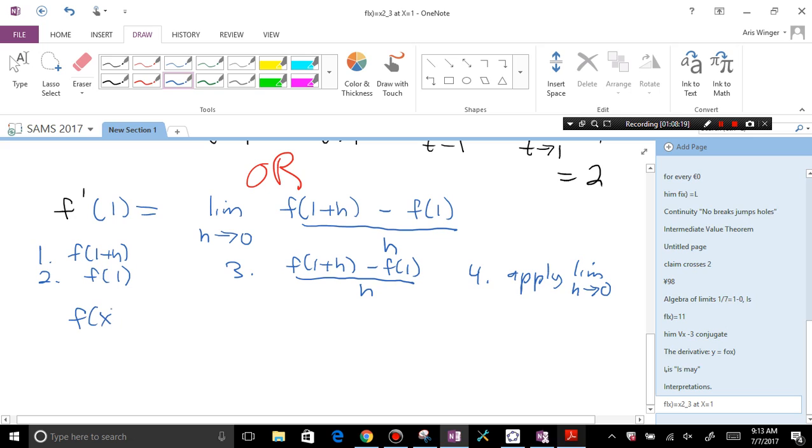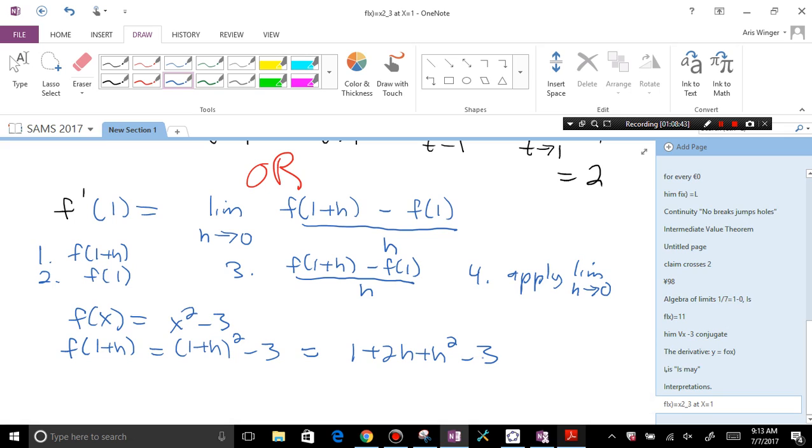We'll recall that f of x is x squared minus 3. And therefore f of 1 plus h is 1 plus h squared minus 3, which is equal to, we'll simplify now, 1 plus 2h plus h squared minus 3. So, with the 1 plus h and the t you did earlier, can you do the f of t?